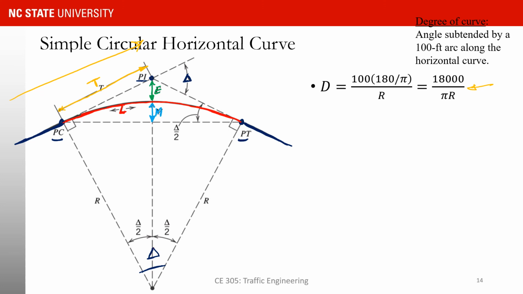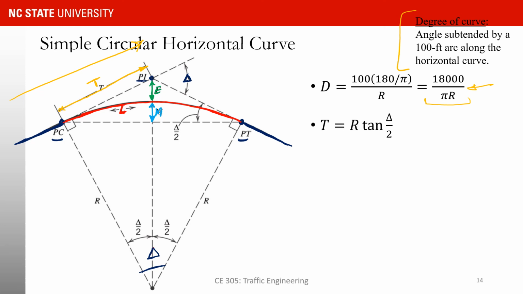That is called the degree of the curve. And this equation here is going to help you to find it. So I would like for you to think about how you can get this equation from this definition. Okay, it's quite interesting to figure this out, and I want you to do it on your own.